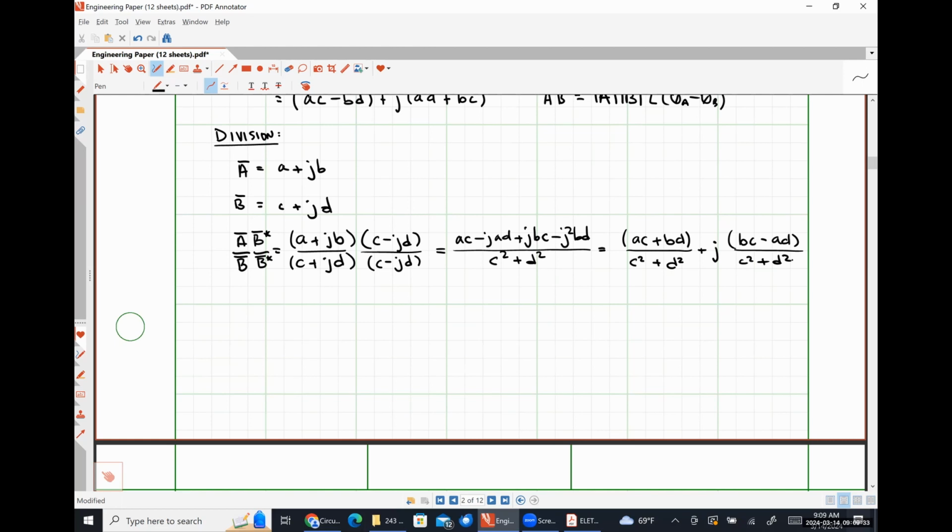Okay? Instead, if we used exponential or polar form complex numbers, this will come out in a much simpler fashion.